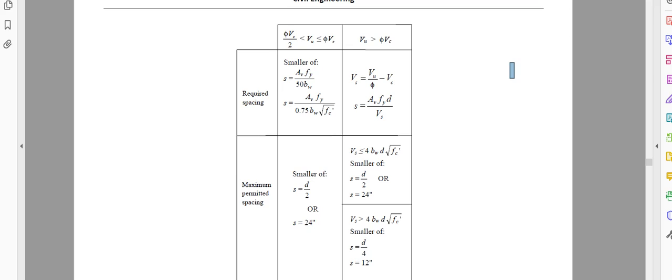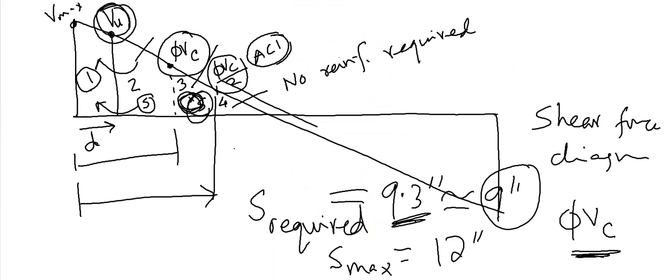Now based on this, choose a round spacing. Now here we will provide the minimum amount of reinforcement. The reason is, in this region we actually do not need any reinforcement. We are just providing to be safe. So again, this column is where we do not need reinforcement, but we will provide.